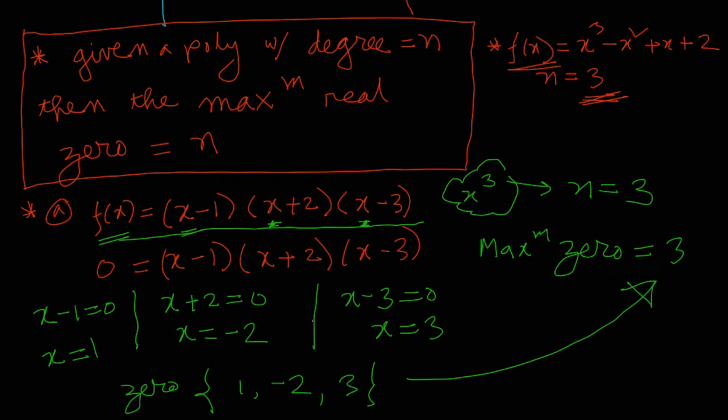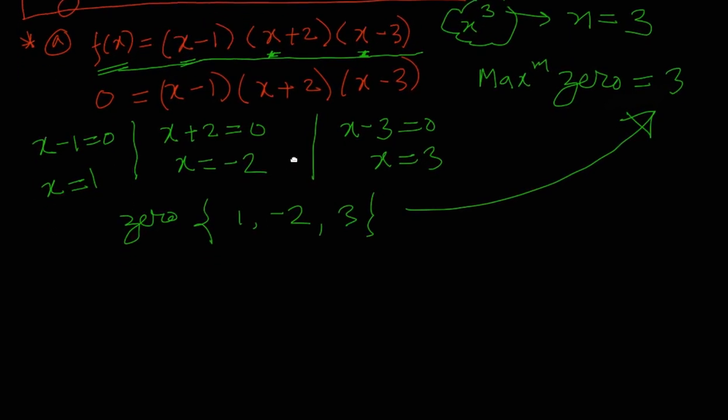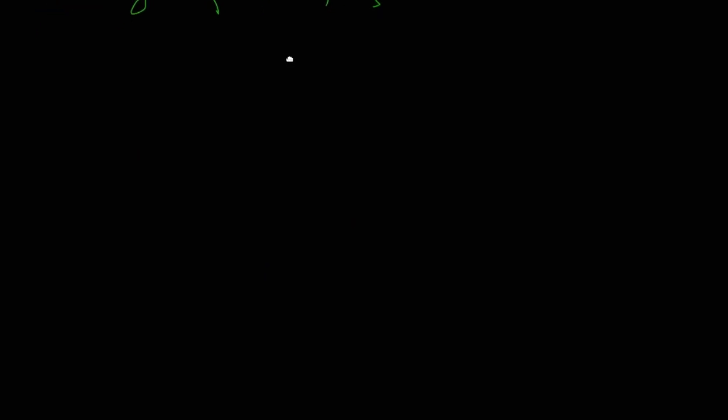All right, so let us now look at our second and third problem. Let's say the second problem: let's find the real zeros for the function g(x) = (x + 1)(x² + 1). So this is my problem. First of all, let us find its degree.